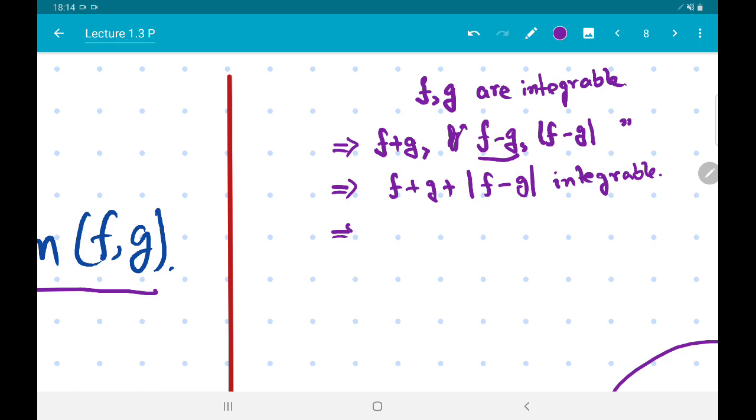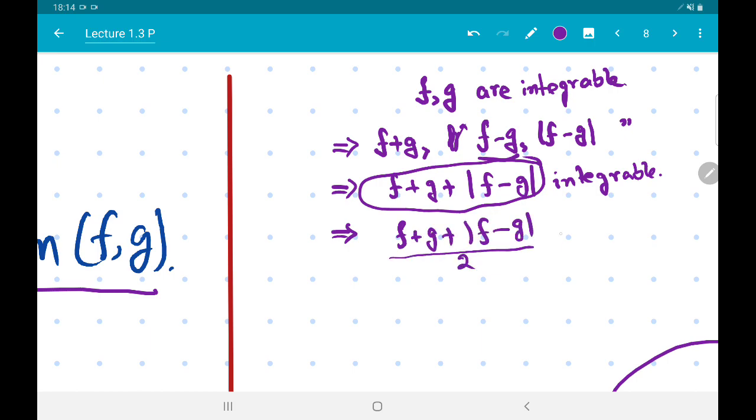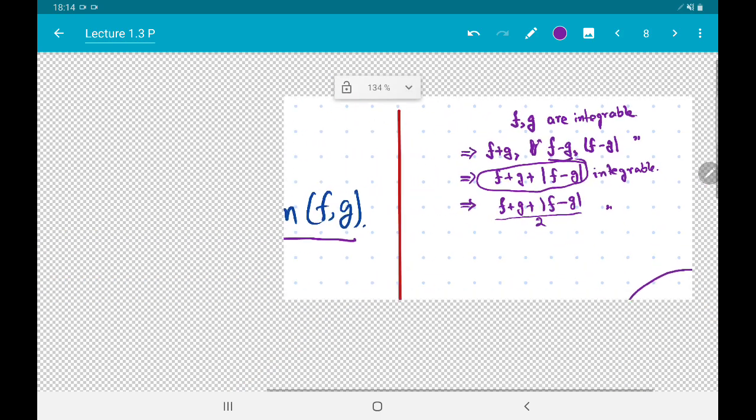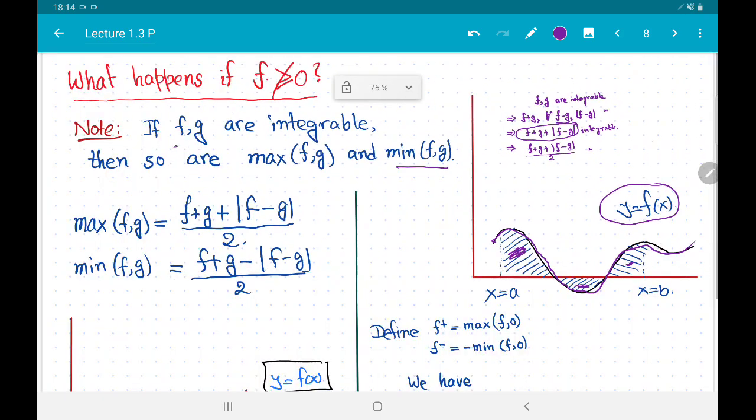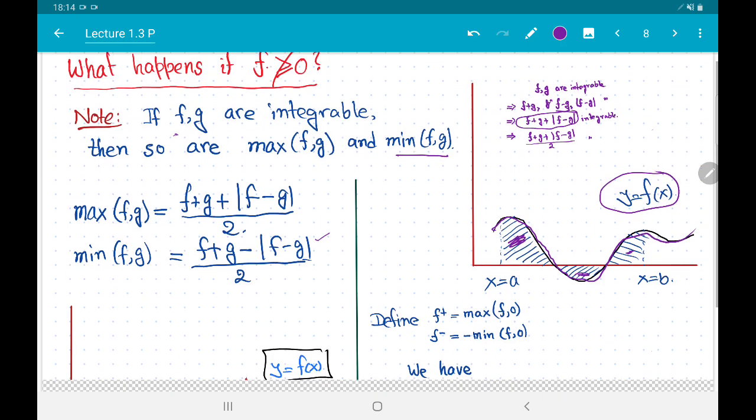And since half is a constant, if I multiply this whole thing by half, the result is also integrable. So (f plus g plus modulus of f minus g) divided by 2 is integrable. But this was exactly what the maximum of f and g was. Similarly, we can prove that the minimum of f and g is also integrable.